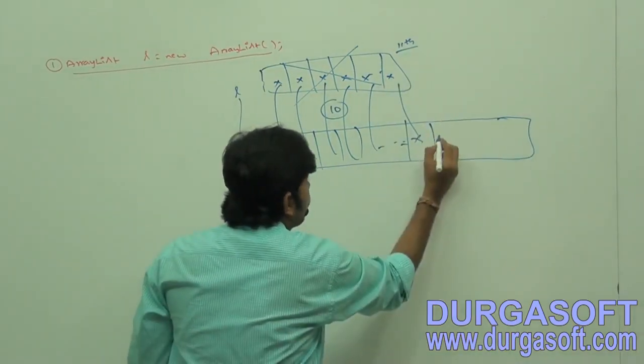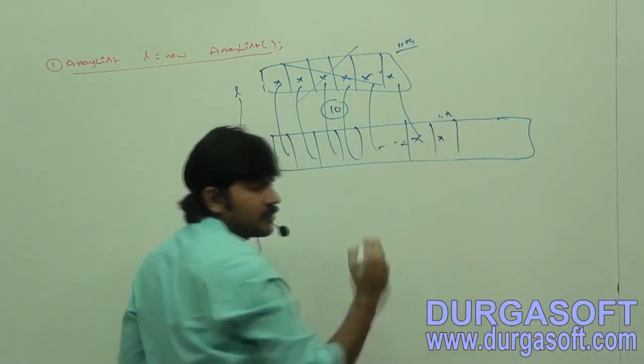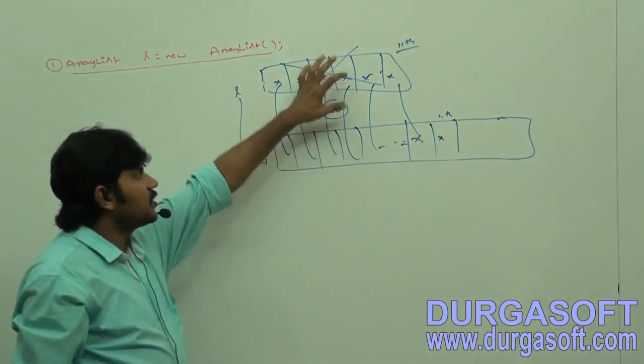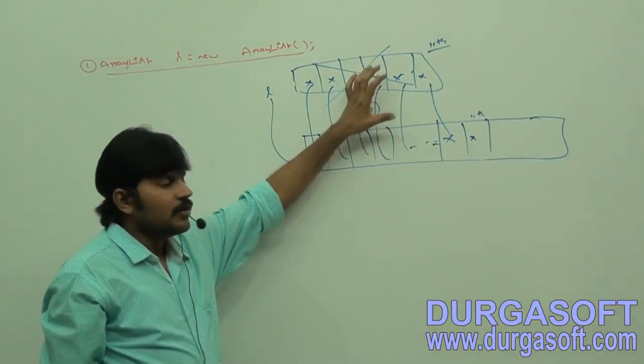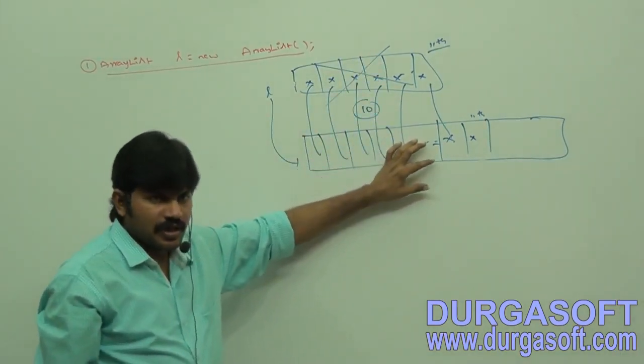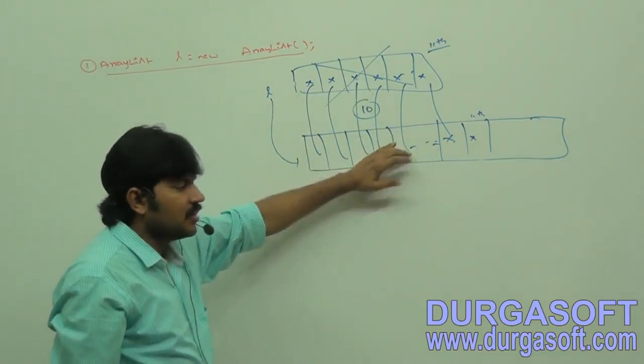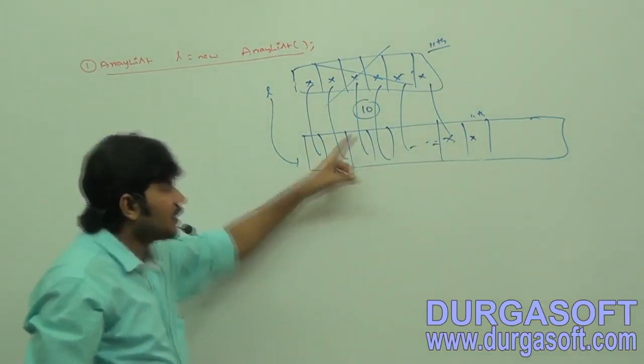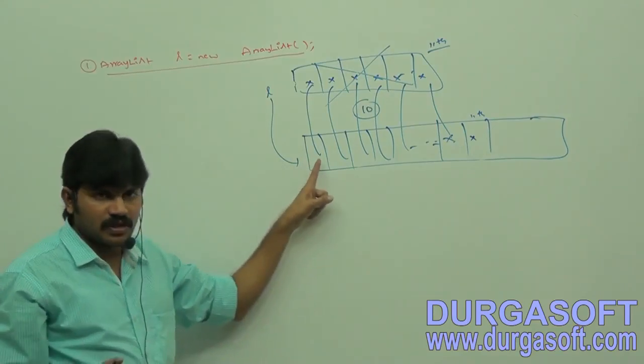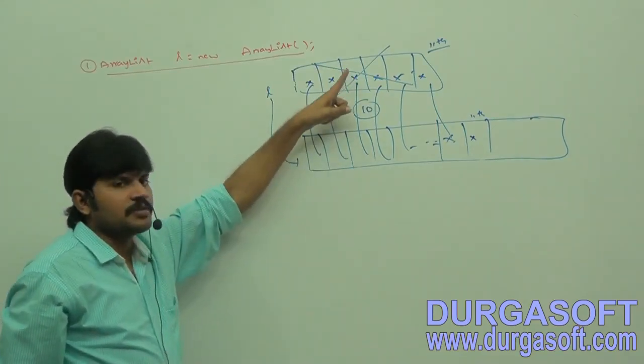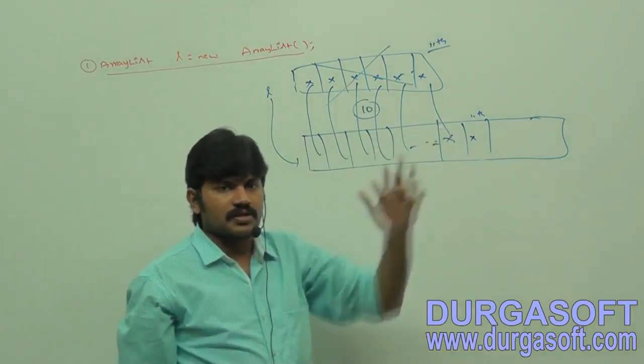The 11th object is added to the new one. So once an ArrayList reaches its max capacity, a bigger ArrayList object is created, the elements are copied, the 11th element is inserted, the reference variable is reassigned, and the old object is automatically eligible for garbage collection.